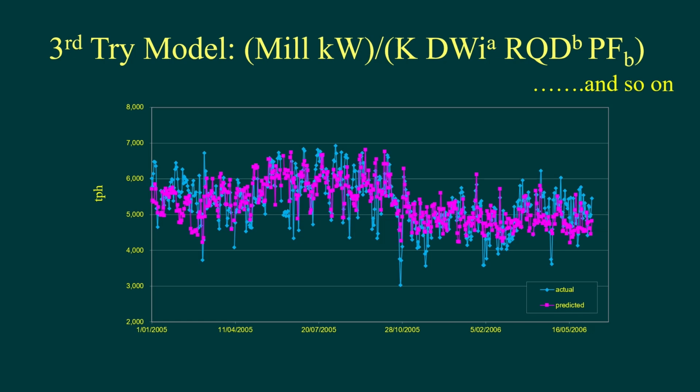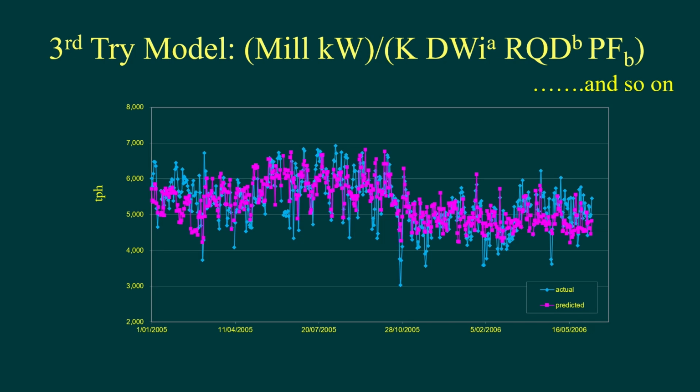The point I'm trying to illustrate here, and the process, is: start simple, look to see where your simple model doesn't work, try and find out why, try and see whether there are other data available that might indicate why it doesn't work, and incorporate additional terms.